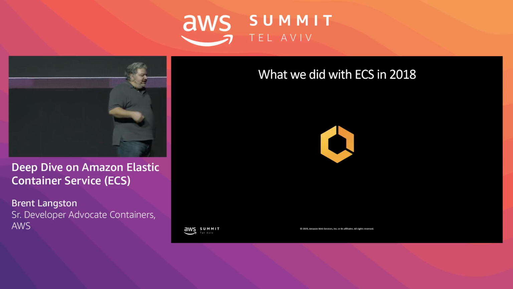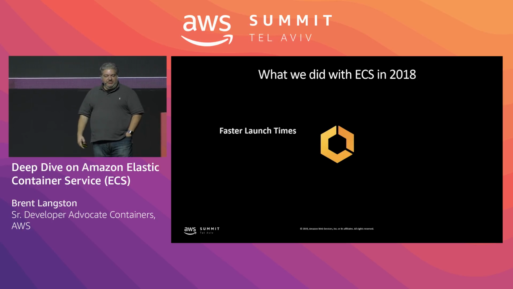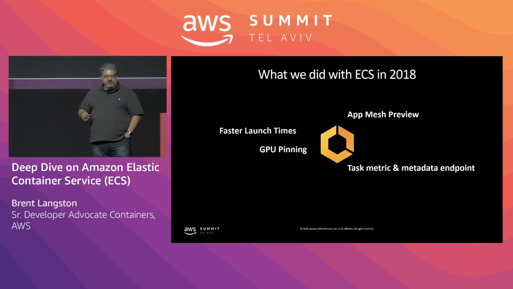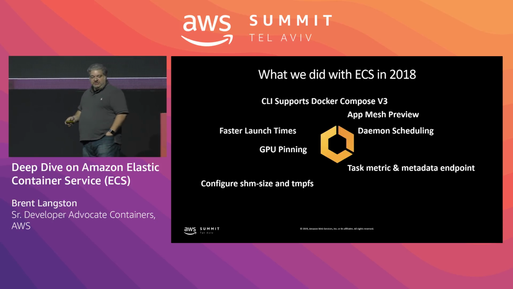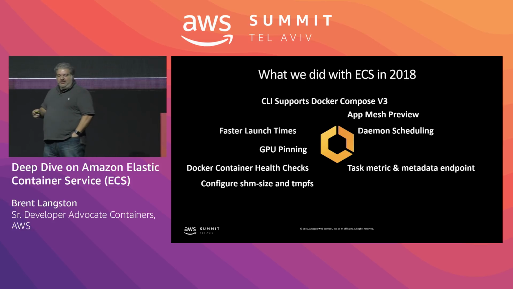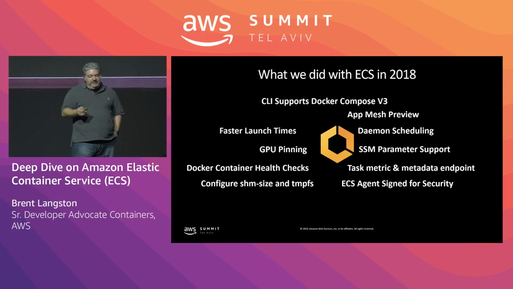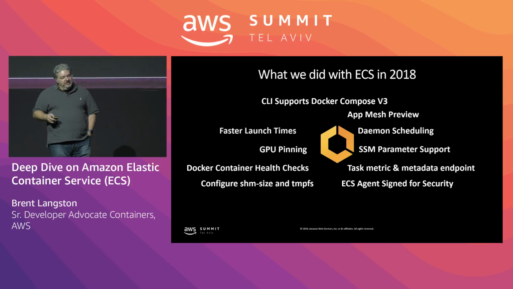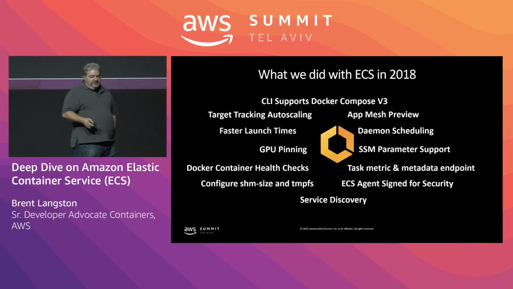So, ECS has been around for several years. Let's take a look at what we've done with it in 2018. The velocity of enhancement is actually pretty impressive. We've increased launch times, we've added a GPU pinning feature, we've added App Mesh preview, we've updated the CLI support for Docker, we've added SSM parameter support, ECS agent signing, service discovery, and target tracking and autoscaling.